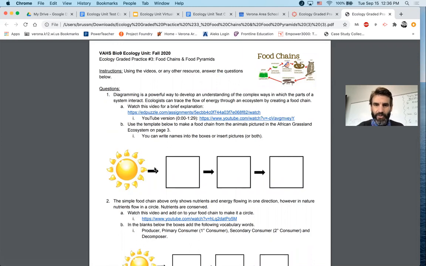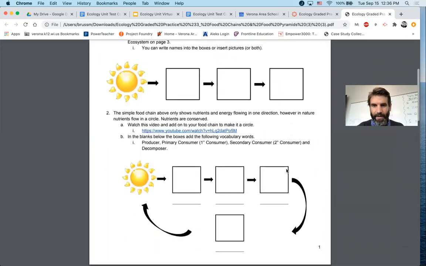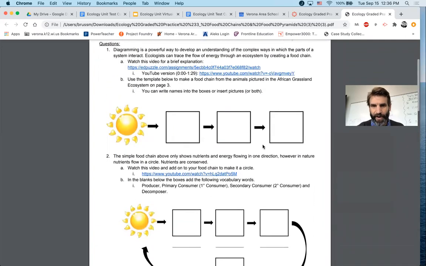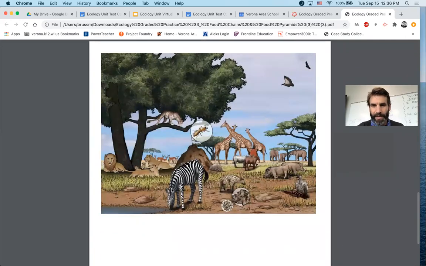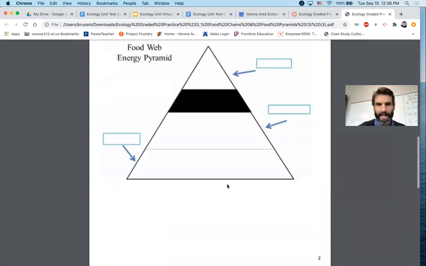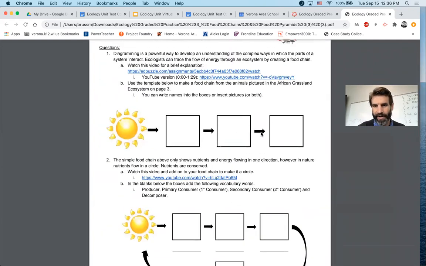And then students get to make their own food chain by either writing names in these boxes or by putting pictures or both. And where are they going to make this food chain from? Well, they're going to look at this picture of the African savanna, pull out organisms from it, and construct them in an accurate food chain here.